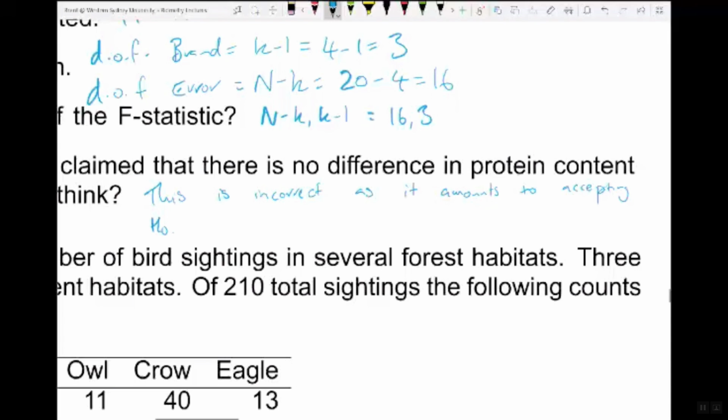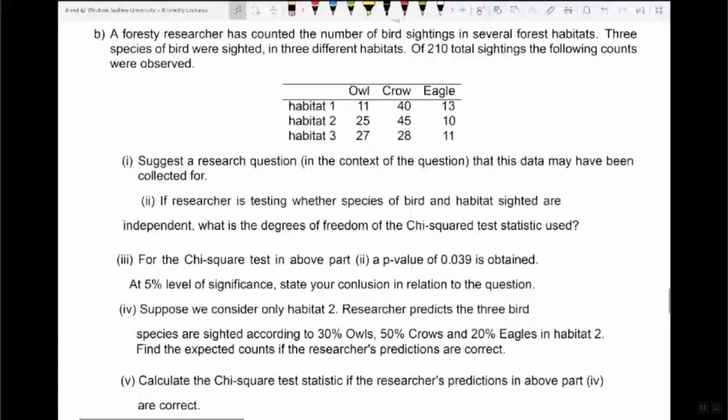2 qualitative variables. Suggest a research question in the context of the question that this data may have been collected for. You can answer a few things about this data, all of them chi-squared test kind of questions. I could ask if a particular species is evenly distributed among the 3 habitats, like if I restrict my view to just owls or crows or eagles.